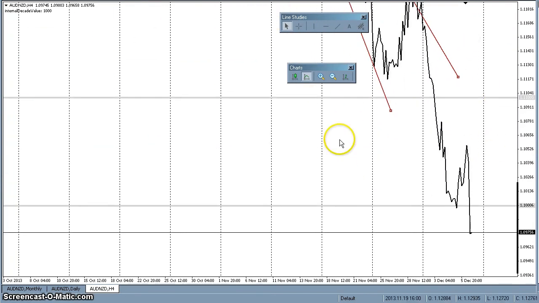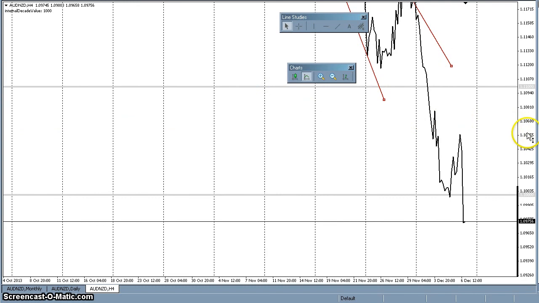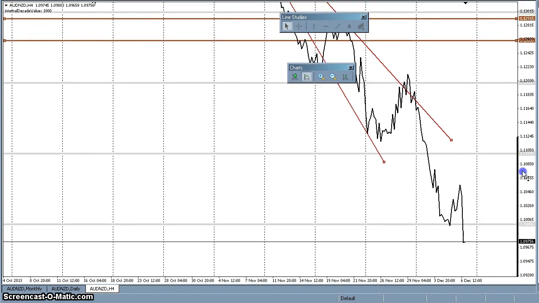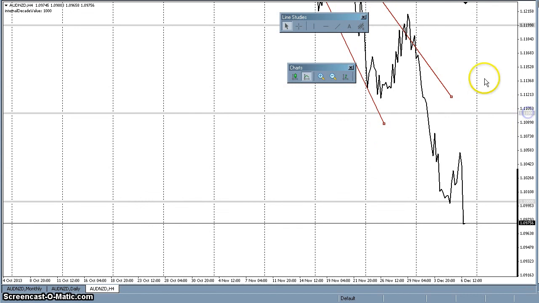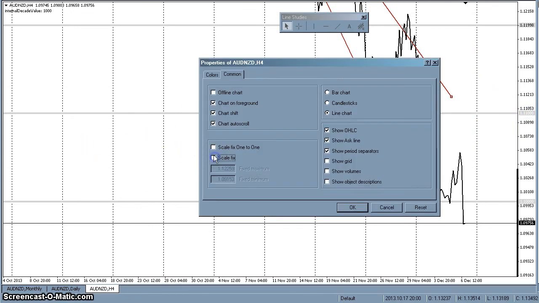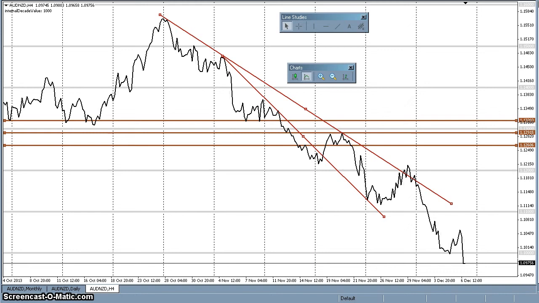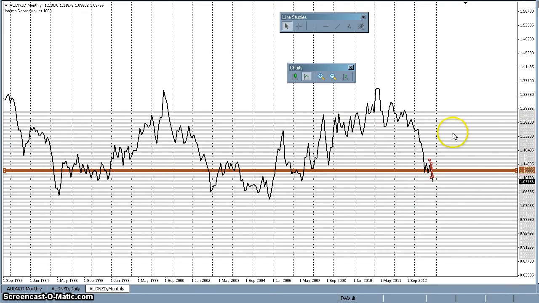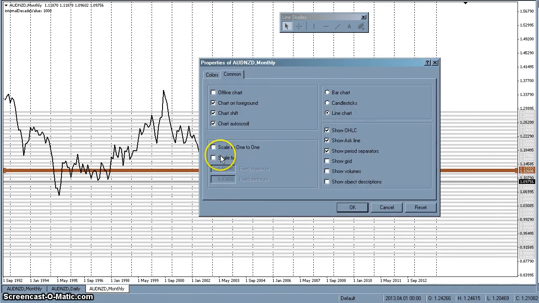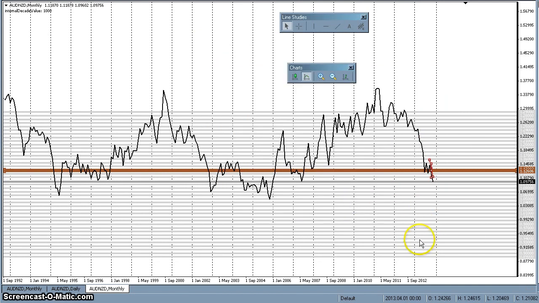And my favorite strategy or tactic is to, I can't seem to get down to that low price because the scale is just so jacked up here. I have to go to the monthly and then set the scale there. Okay.